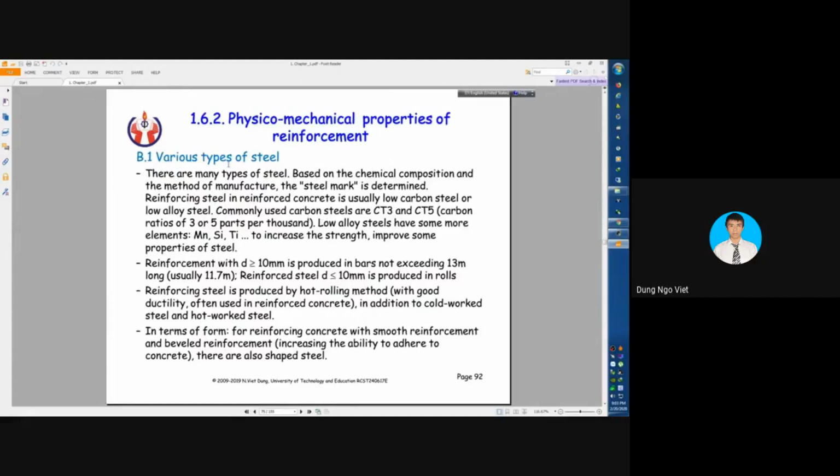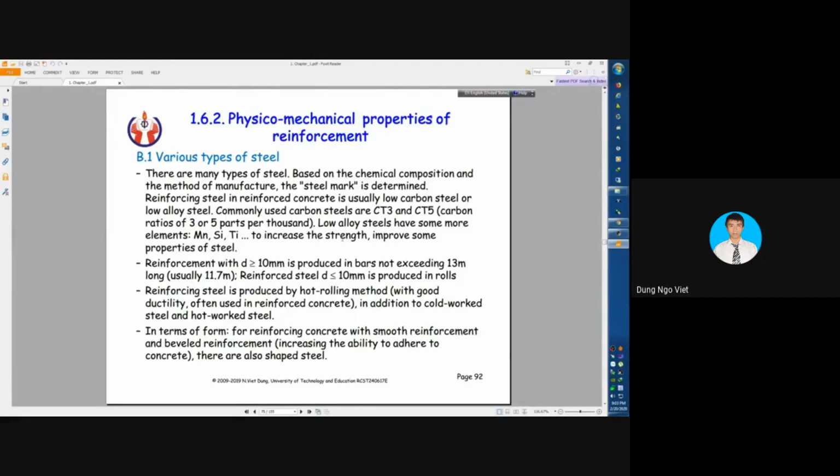First one, various types of steel. For the reinforcement, we have many types of steel, and based on the chemical composition and the method of manufacture, the steel mark is determined. Reinforcing steel in reinforced concrete is usually low carbon steel or low alloy steel.